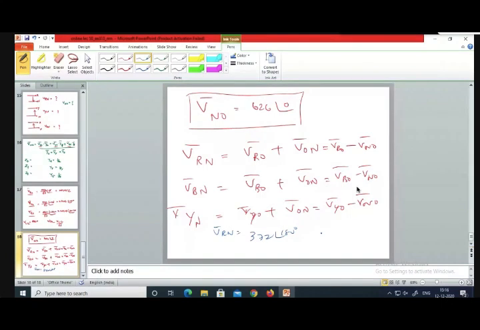VBN is 784.48 angle 163.7. Perfect. Understood?